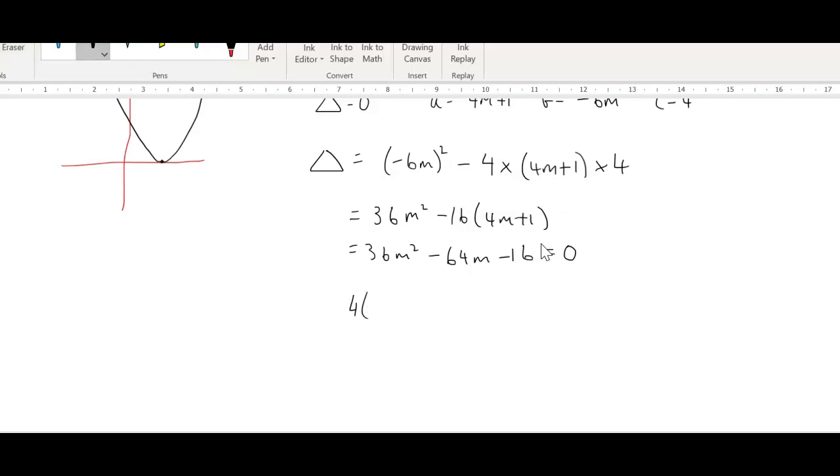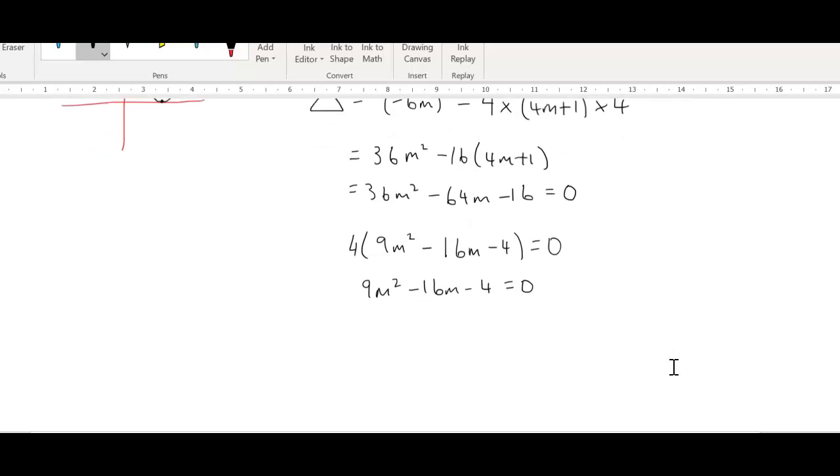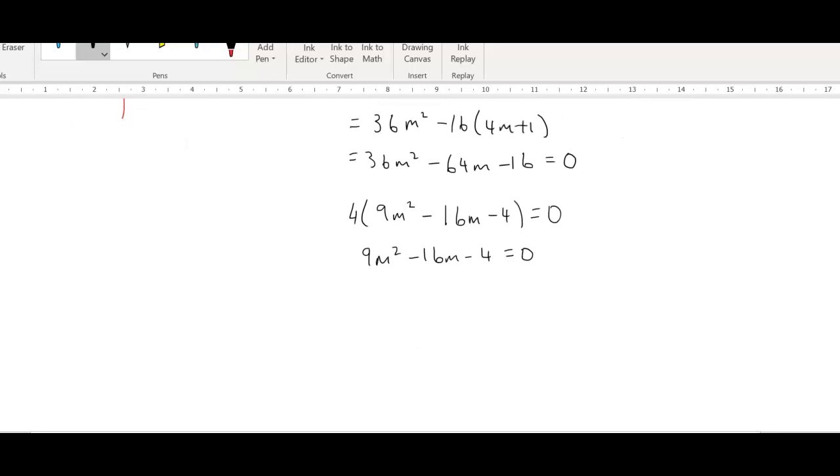So 4 goes into 36 9 times, into 64 16 times, and then minus 4. So we've now got 9m² − 16m − 4 = 0.